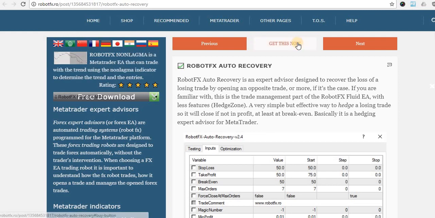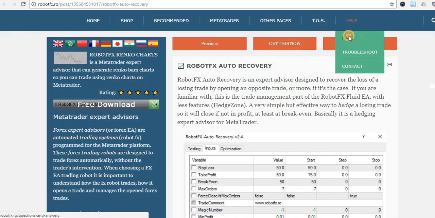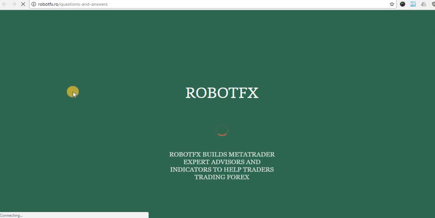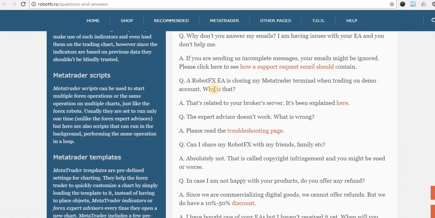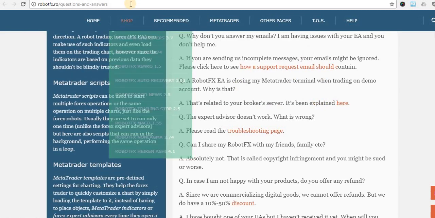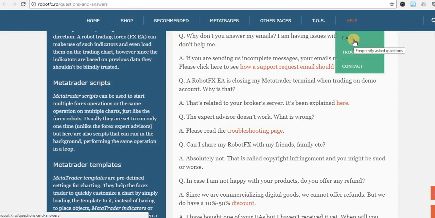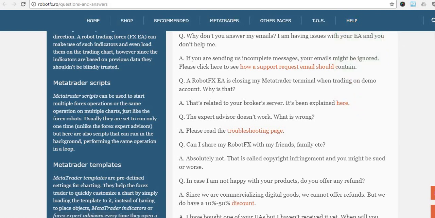And if somehow you have troubles with the demo account, then it's usually something related to how your broker set your demo account, which is not seen as a demo account. We talked about it on our frequently asked questions page.